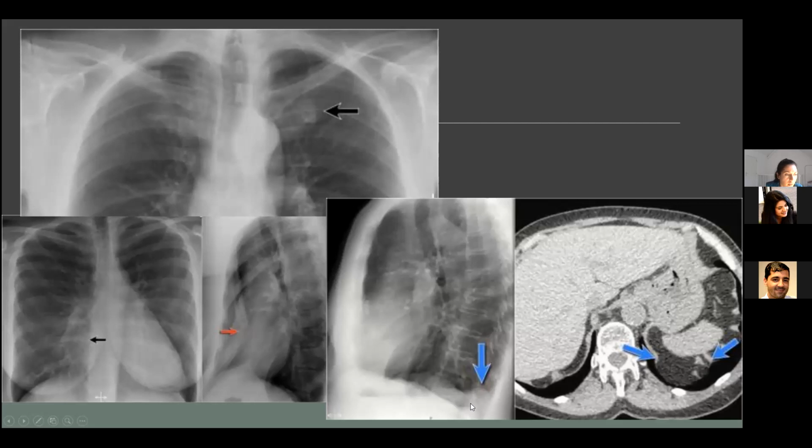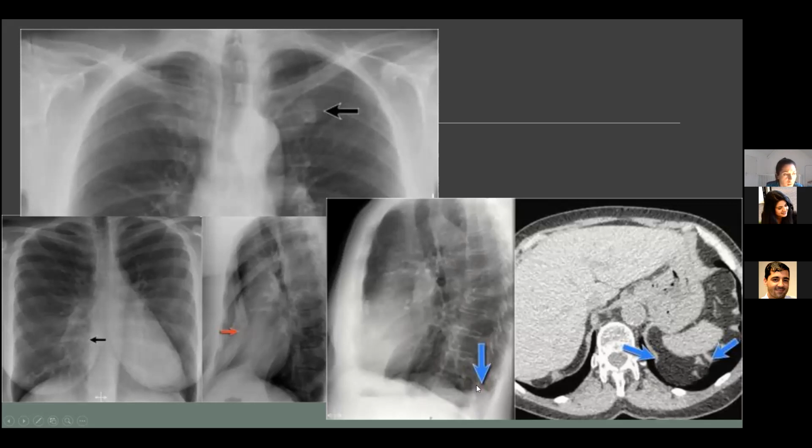And another question that is asked often is, if you see density in the pleural sinus posteriorly or on the frontal view as well, it might be caused by herniation of the diaphragm with herniation of the intra-abdominal fatty tissue.